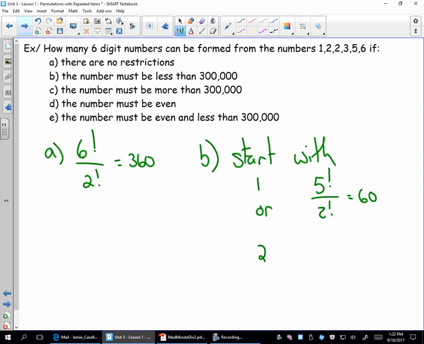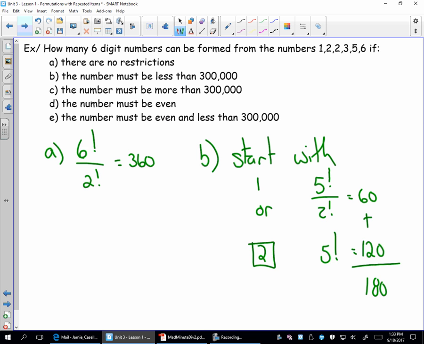However, if I start with a 2, I still have 5 things, but no repetition anymore, because one of the 2's has been filled in. It's in the starting spot, which means this answer is 120. And we know we have this mutually exclusive idea. Either start with a 1 or start with a 2. That means I have to add them together. So I get 180 different numbers that are less than 300,000.